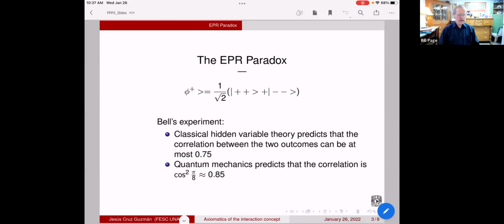By classical, could I also use as a synonym local hidden variables?